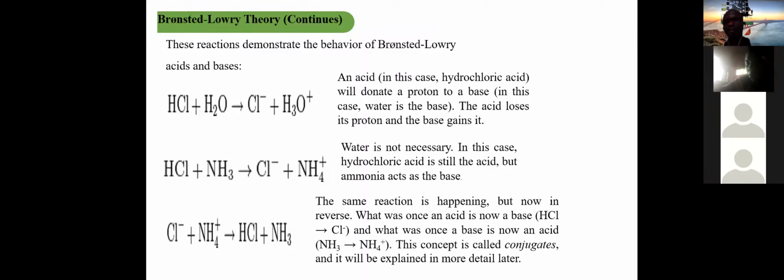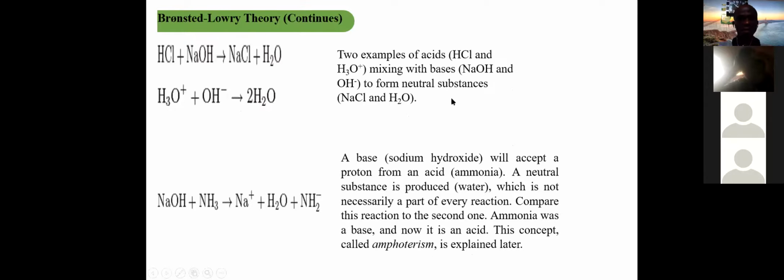Excellent. So it's just a matter of making water donate a proton to the ammonia. That's all. It's as simple as that. Good work. Let's go on because I need to finish this.